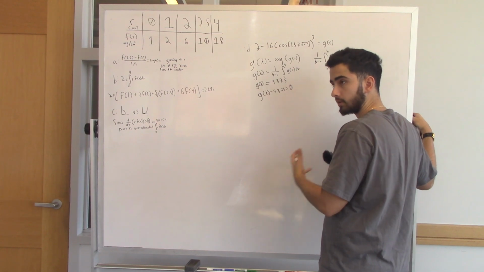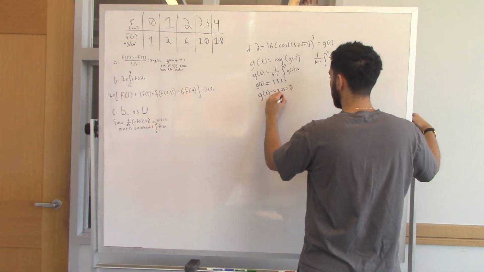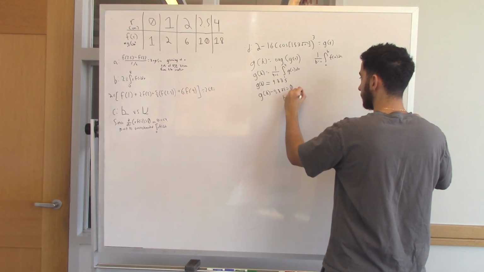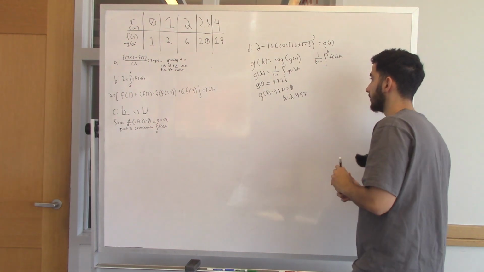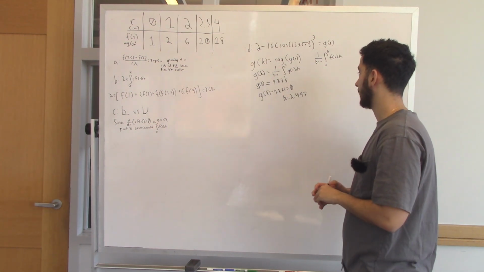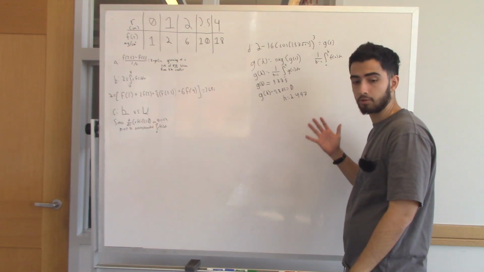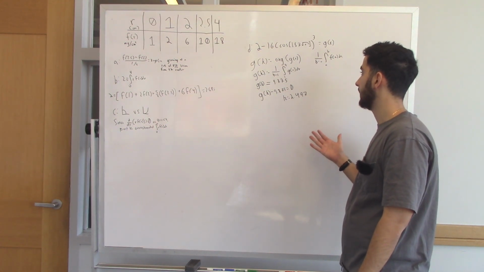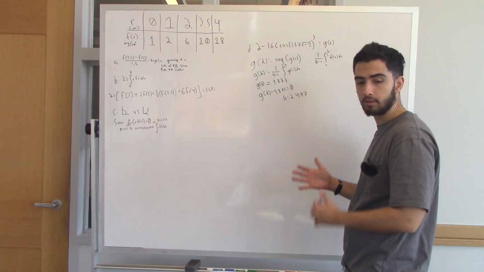Either way, you will get the same value, which is k equals 2.497. Alright? And yeah, this is the most calculator heavy part of this FRQ, but it's not too bad.